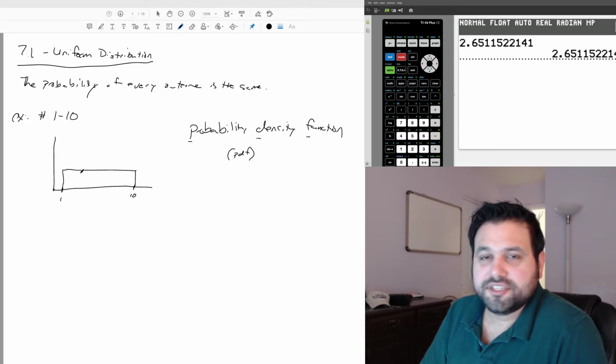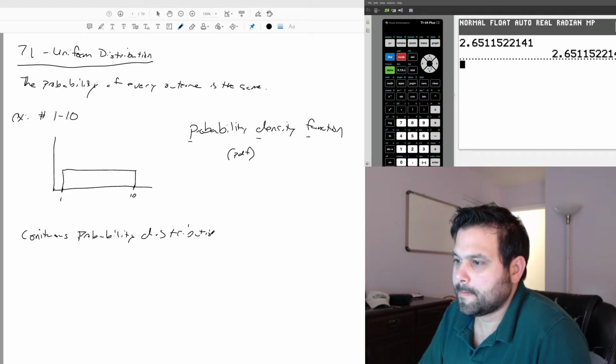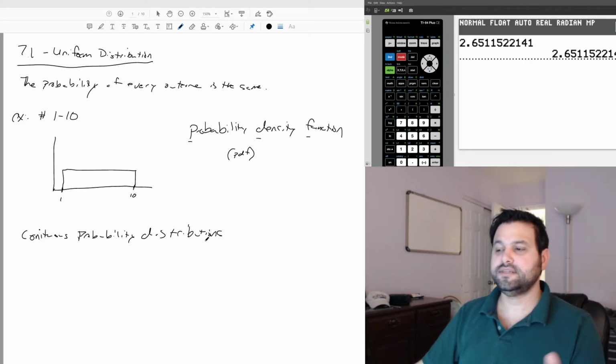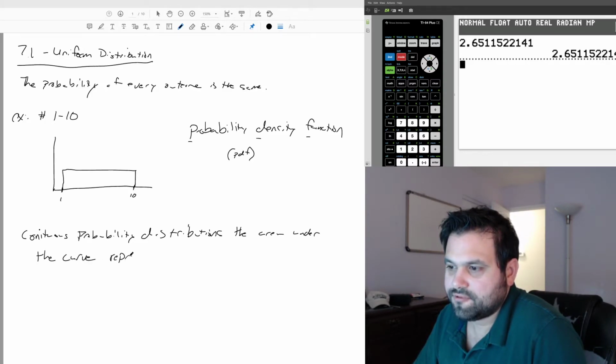So for this uniform distribution, in fact, in all continuous probability distributions, in all continuous probability distributions, the area under the curve represents the probability.